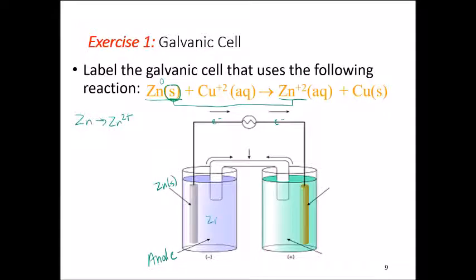Then the Zn2+ will start floating around in the solution as the electrons break free, because that's what's happening over here. So we have the zinc solid atoms turning into Zn2+, and you have 2 electrons going up the wire over here to the cathode.